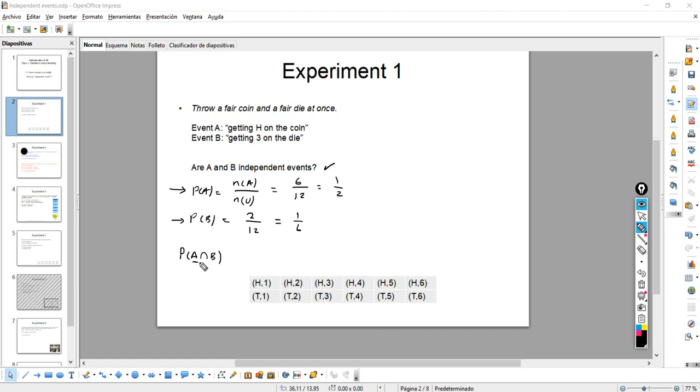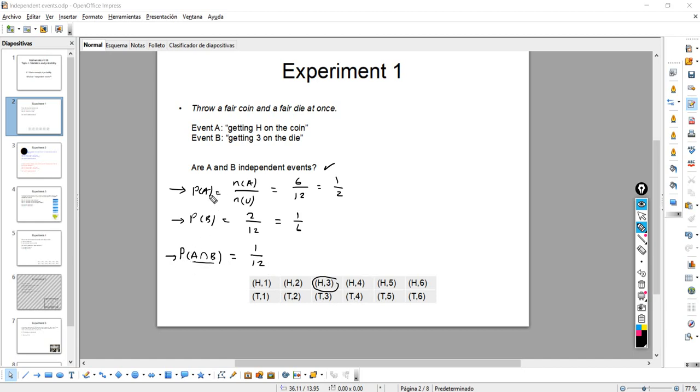When looking at this event A and B, the only outcome that is favorable to this event is this one, right? Getting heads on the coin and getting a 3 on the die. So it's one favorable outcome over 12 possible cases, so the probability of this event is 1/12.